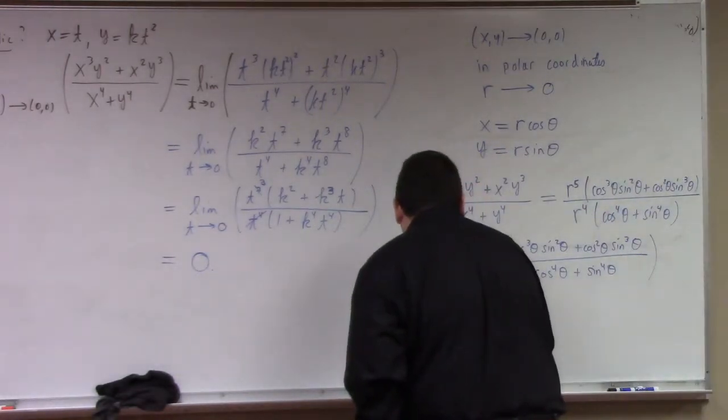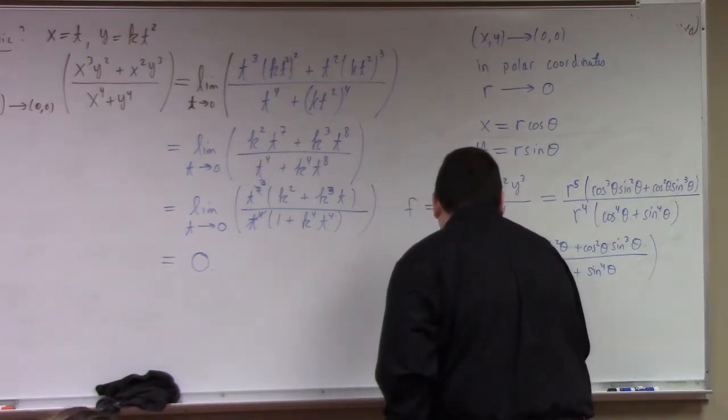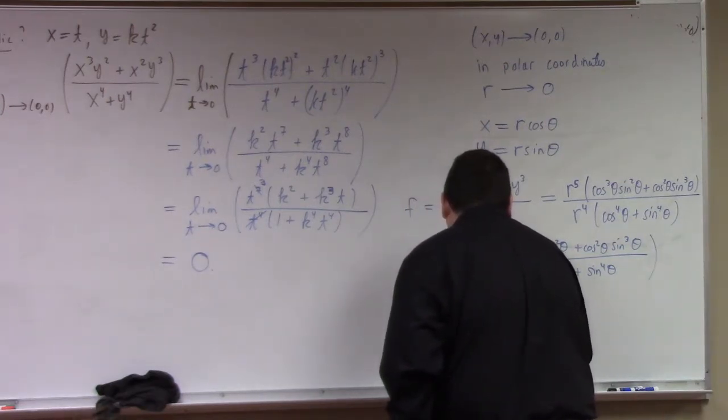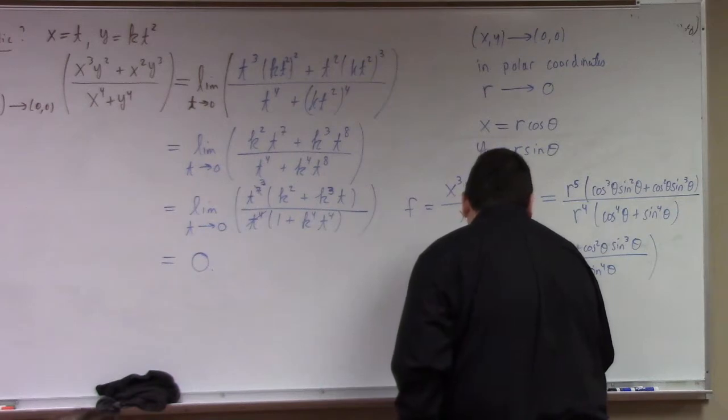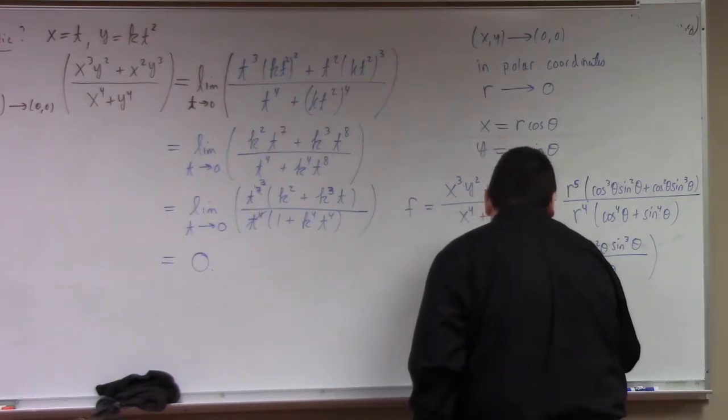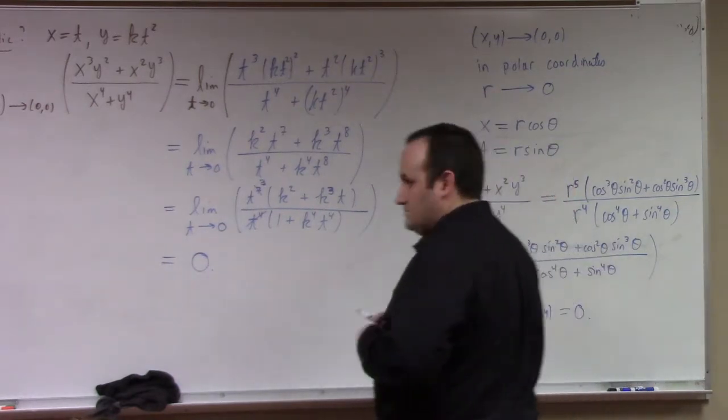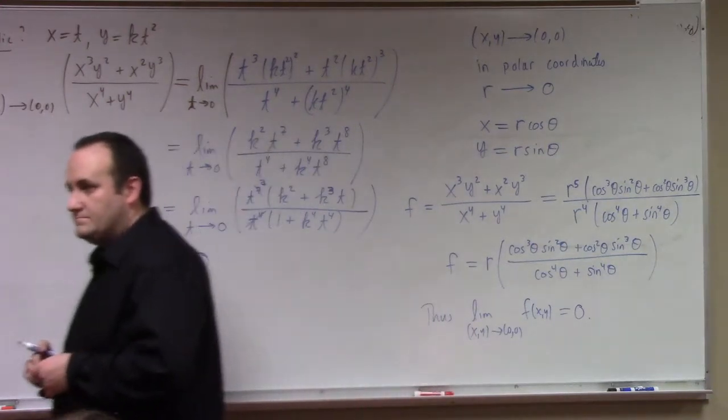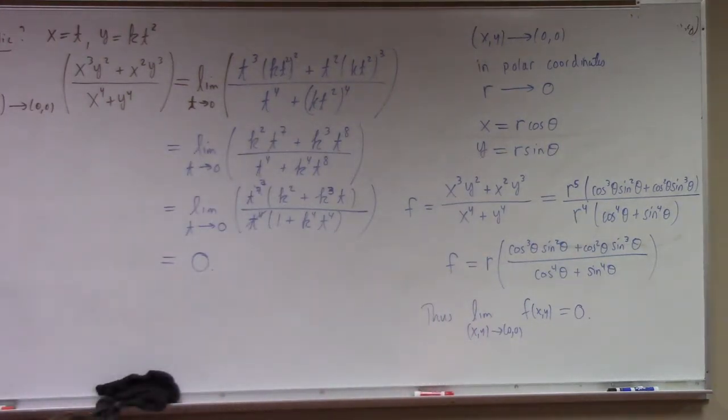Thus, the limit as (x,y) goes to (0,0) of f(x,y) is equal to 0, for the reasons I just said but didn't write down. I would like you to write those sentences if there was such a problem.